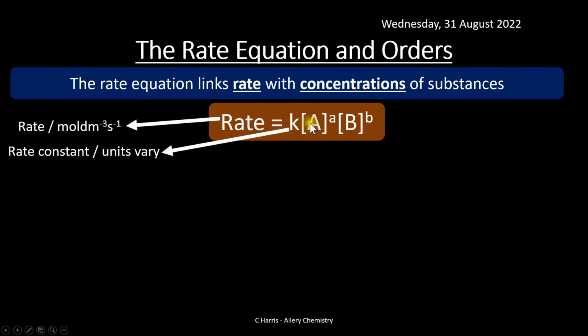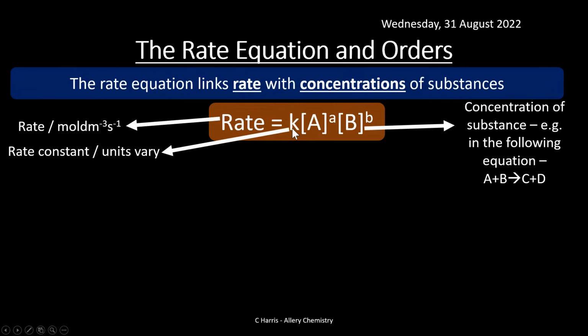This is the rate constant, and the units can vary, so they have to be worked out. And this is the concentration of a substance. It follows the equation in this format: A plus B will produce C plus D. The superscripts at the top are the orders of reaction, which we'll come on to in a moment.